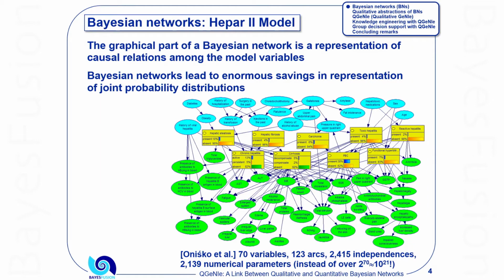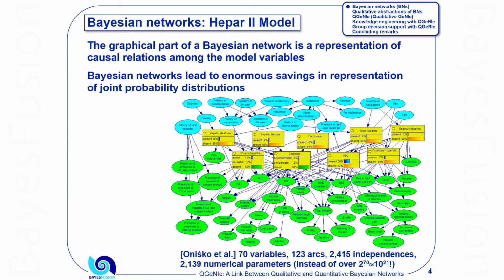Bayesian networks are essentially a wonderful invention that happened around 30-something years ago. The graphical part is a representation of the causal relations among the model variables. The graphical part is fairly easy actually to construct. There are some problems with it, difficulties, but a skilled knowledge engineer should be able to draw the graph fairly quickly.